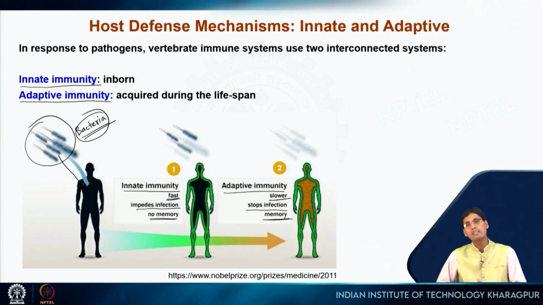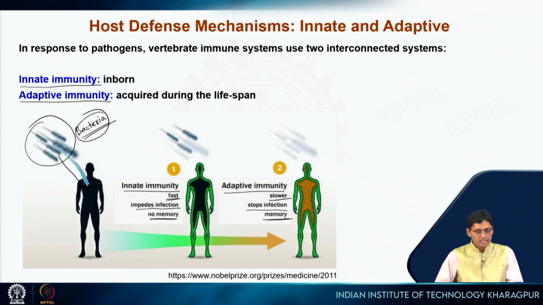As a result, next time with the same bacterial infection, most of the time we will not even realize that something happened to our body. The disease will not develop, because our adaptive immune system can already tackle this problem in a much more efficient way.